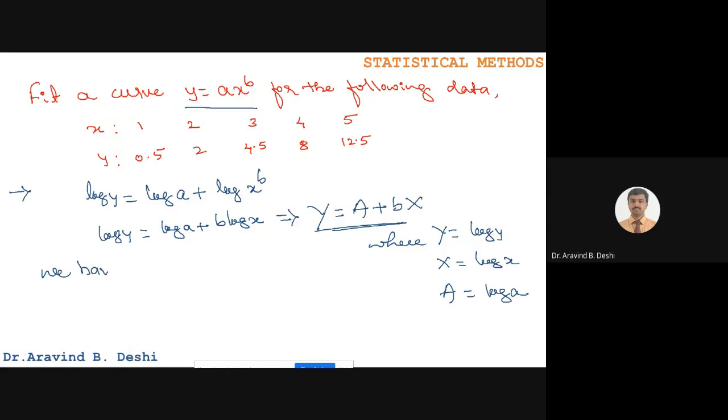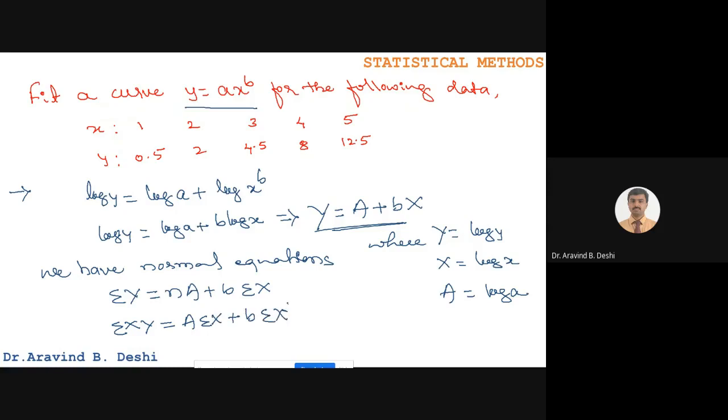We have the normal equations. Taking the summation on both sides, the first equation is summation capital Y equals n into capital A plus b into summation capital X. The second equation, by multiplying X on both sides and taking the summation, is summation capital XY equals A into summation X plus b into summation X square.